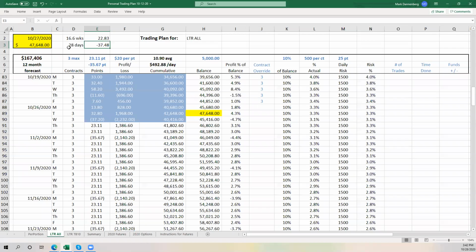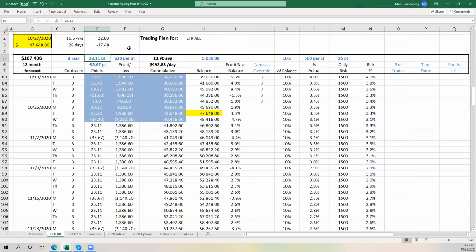Those averages take into account the rate of loss relative to the number of weeks, so the occurrence rate. So that's factored in. What I know with 100% confidence is that we've got 16.6 weeks behind us, and that I'm averaging 22.83 points per day on my winning days, and I'm averaging 37.8 points per day on my losing days. That's my actual run rate.